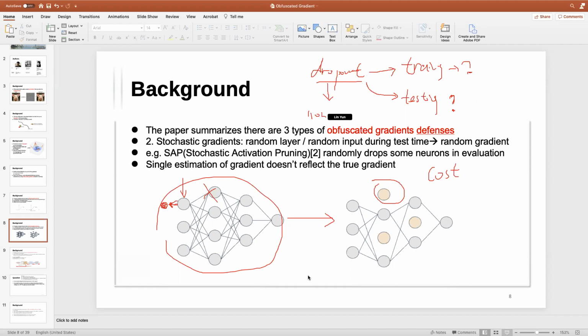If we do dropout during testing, it means that for the same image, the model will have different predictions each time, right? That is what we would like to avoid.